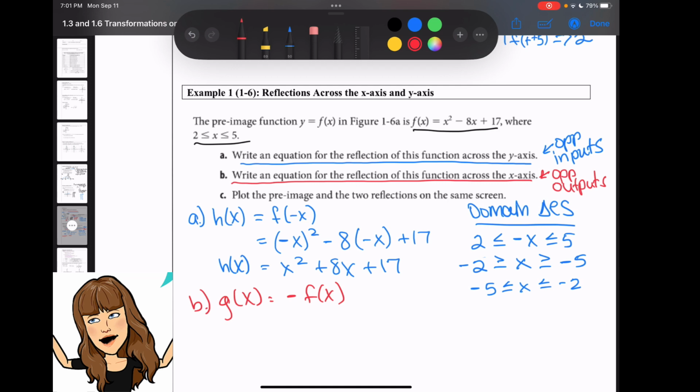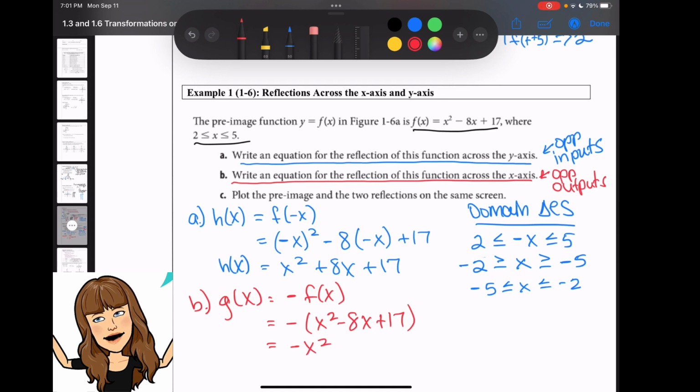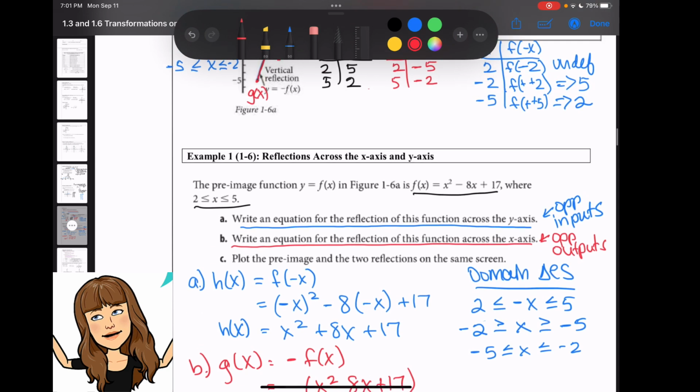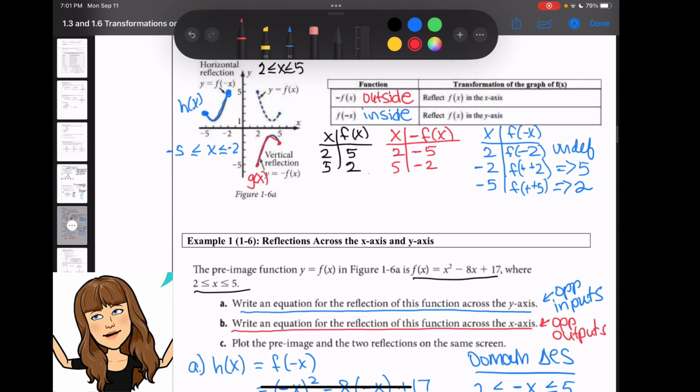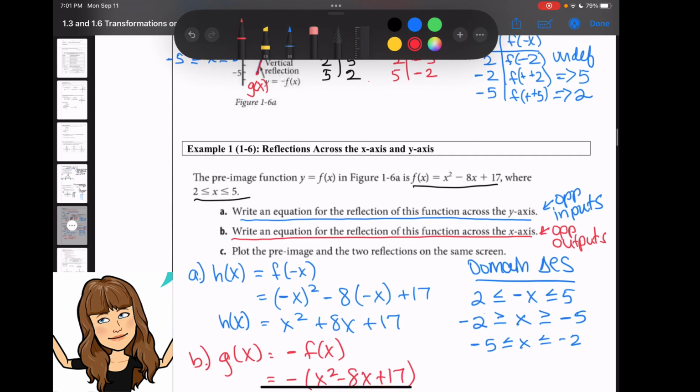Okay, so all we do is for f of x, we just do a negative, or we do the opposite of the entire function. Distributing that negative, there is my g of x. Now the domain doesn't change on that one, the range does, but nobody's asking about that. Okay.